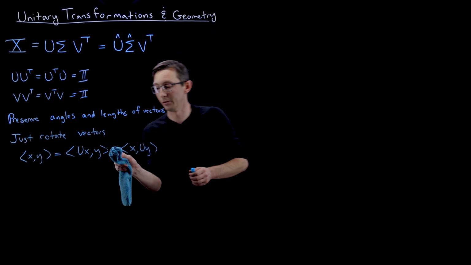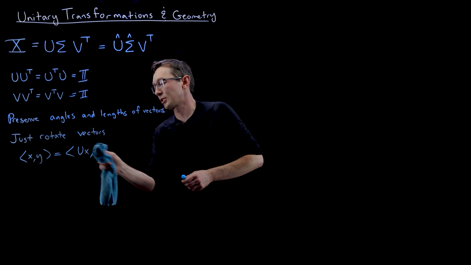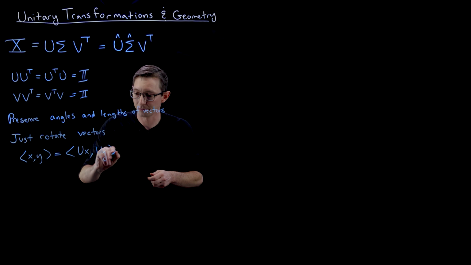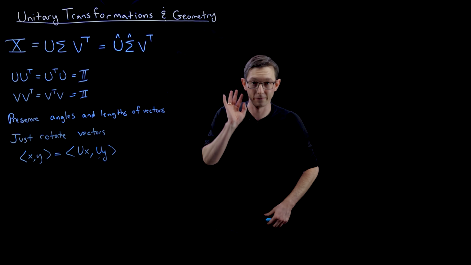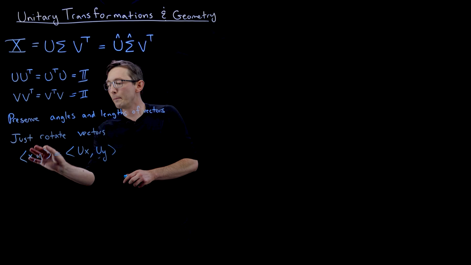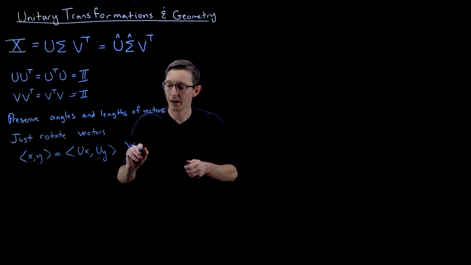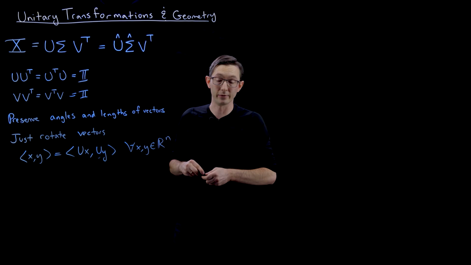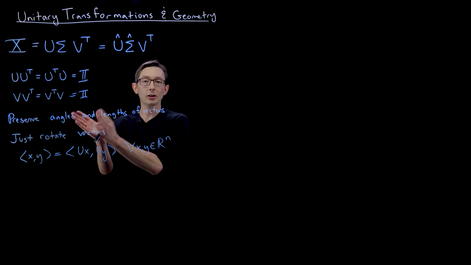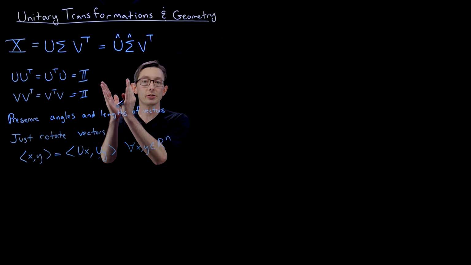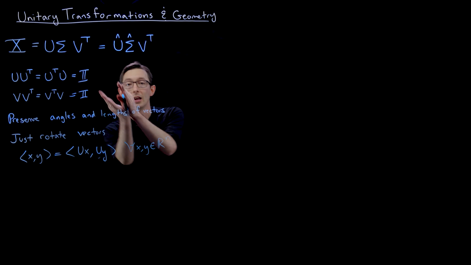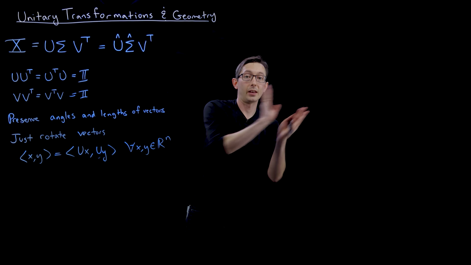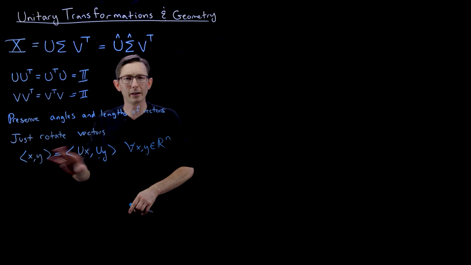Sorry, I need to correct that: it's only unchanged if I map both vectors through the unitary transformation U. Very important. But this is true for all x and y in my vector space. For all of my n-dimensional vectors x and y, the inner product between those two vectors, kind of the geometry of where those two vectors are with respect to each other, doesn't change when I map through U. U just rotates them together. Okay, that's what I mean by a unitary transformation. Very important.